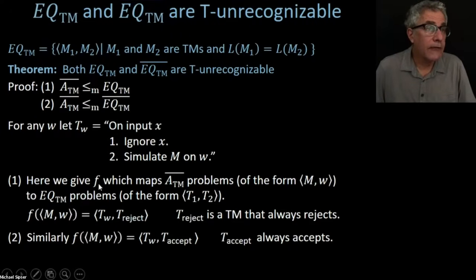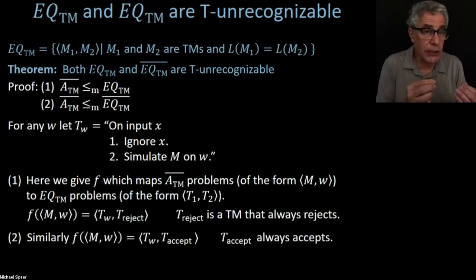And so now we're going to give a function which maps problems of the form MW. So this is a complement of ATM problem, where we want to test if M accepts W or not. And I want to map that to an EQTM problem. EQTM problems are pairs of machines now, where we're going to be testing equivalence.